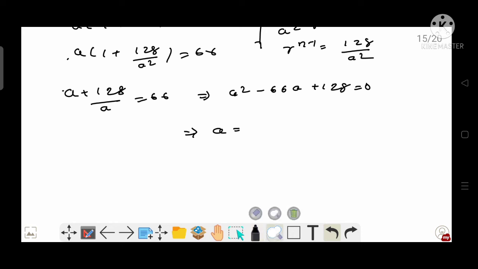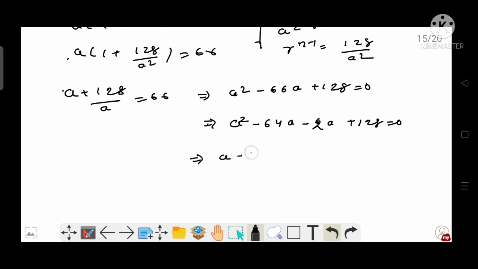This implies a square minus 64a minus 2a plus 128 equal to 0. This implies that a minus 64 into a minus 2 equal to 0. This implies that a equal to 2 or a equal to 64.